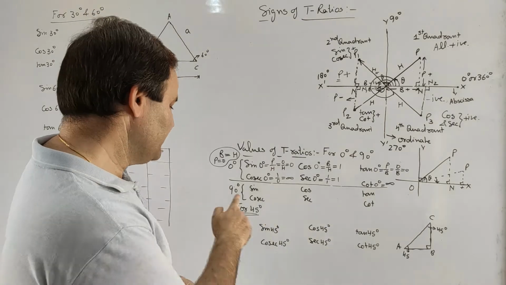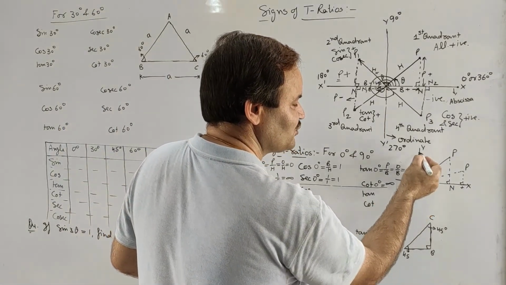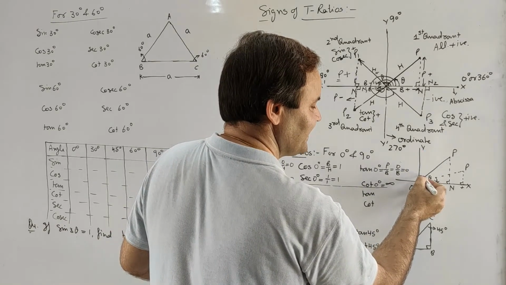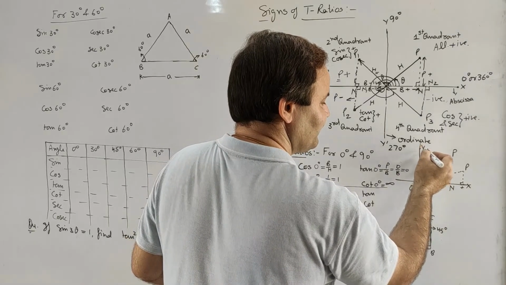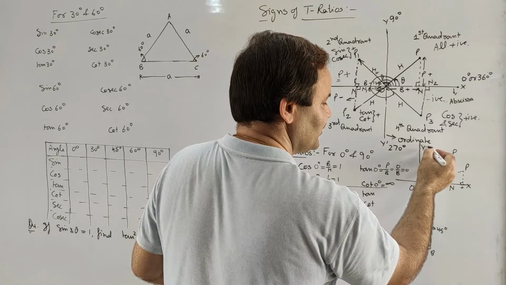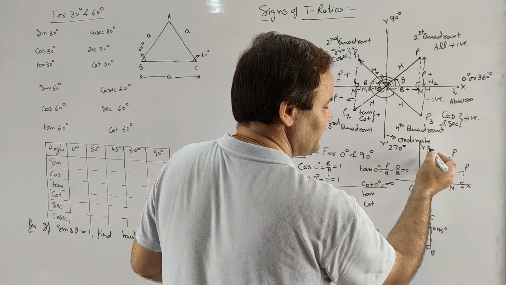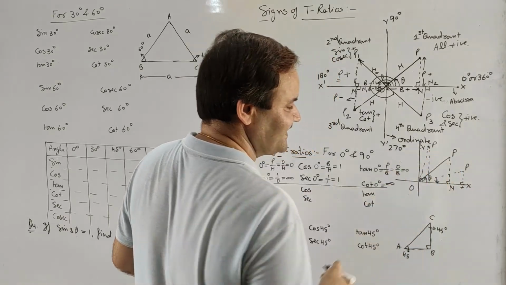Now when we come to 90 degree, then this angle theta will approach the y-axis, and this point P will find a position on the y-axis.